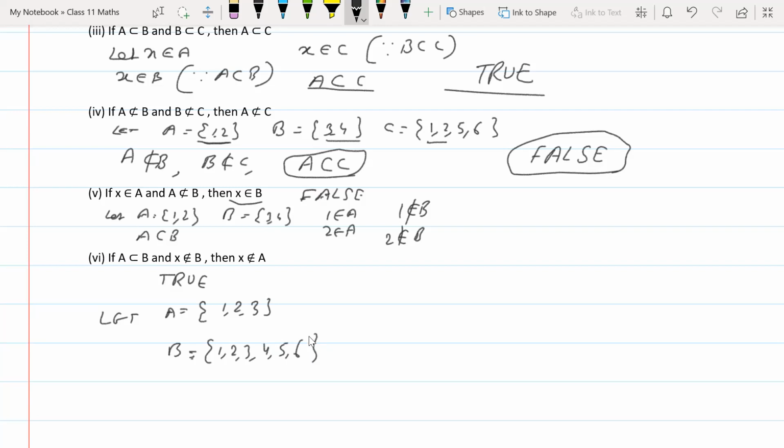So here X belongs to 1, 2, 3, because 1, 2, 3 are in set B also. So it is true that if X doesn't belong to B, like the elements 4, 5, 6, then these 4, 5, 6 are not in A. So this statement is true.